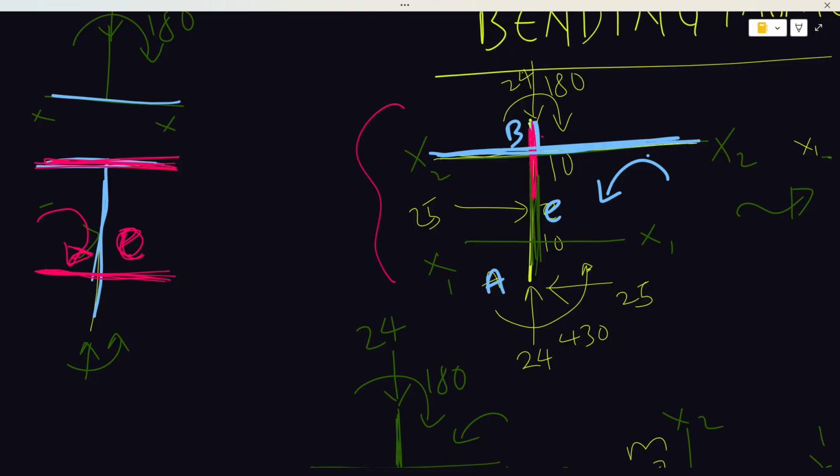You cannot use the demarcator or the section in this guy here or here to get the moment at E. We can't use it anymore. It will only work for shear force now. So that is just the case.